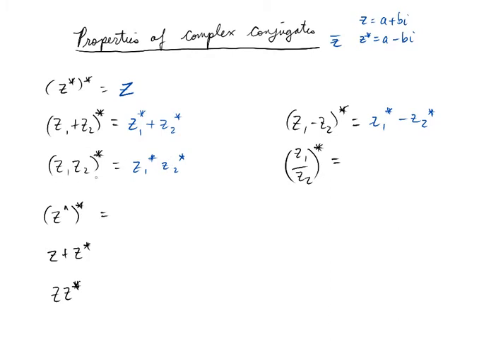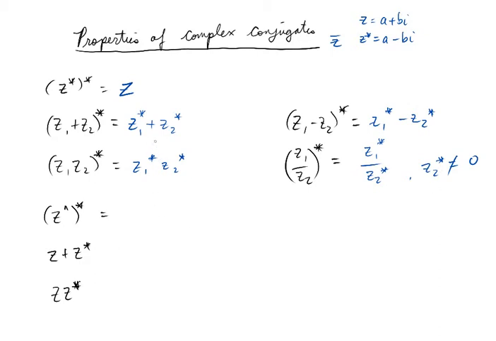If I have the quotient of two complex numbers and I conjugate that, then I end up with z1 star over z2 star, provided that z2 star is not 0.